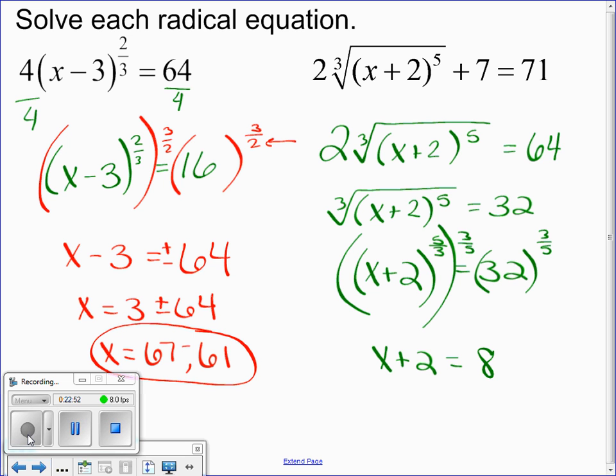So type in 32, not times 3/5. 32 to the 3/5 power. Yeah, that's an exponent. Stop pulling a Jared. So x equals 6.